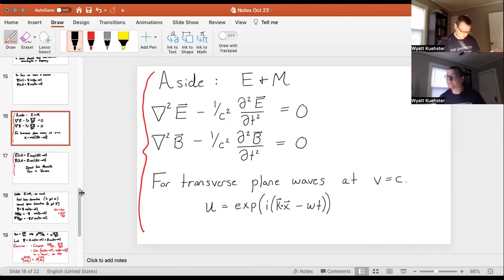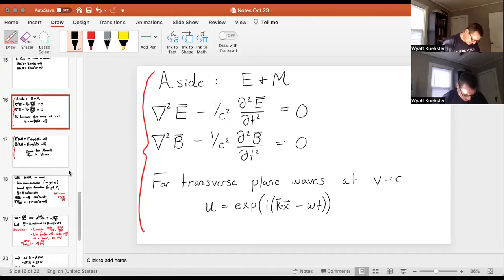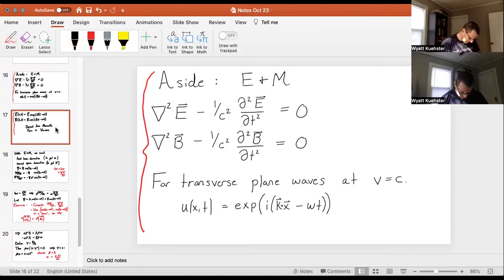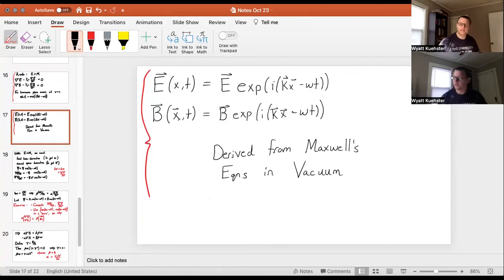The solutions are transverse plane waves that look like u of x, t equals e to the i times kx minus omega t, or something like this. And we get this from Maxwell's equations in a vacuum.